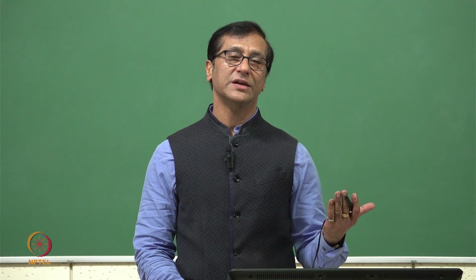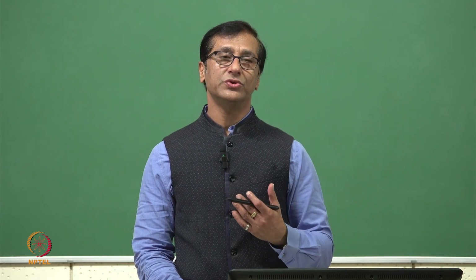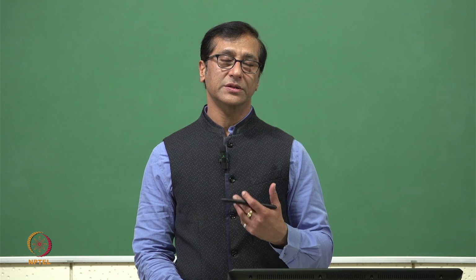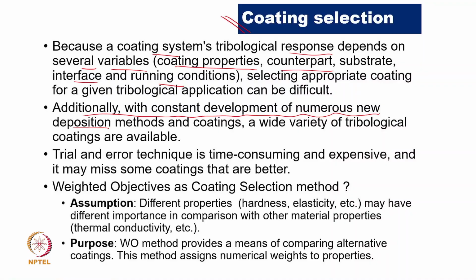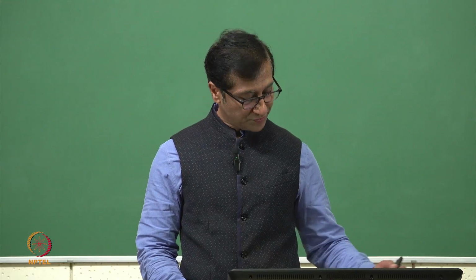Maybe after 10 years, whatever was a major issue of the coatings and the methodology has been overcome. So naturally we really require a very good engineering method, and for that purpose I am recommending the weighted objective method, which can be used for coating selection. So I will illustrate one example for that purpose.